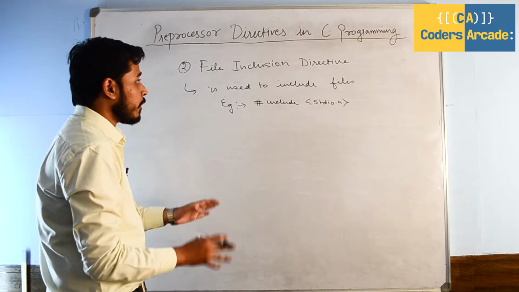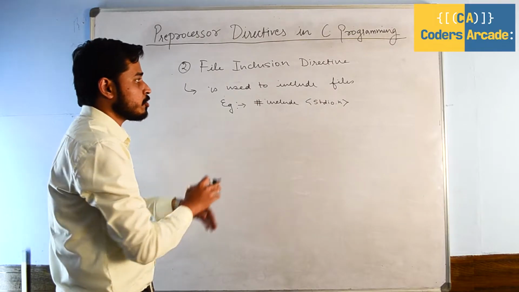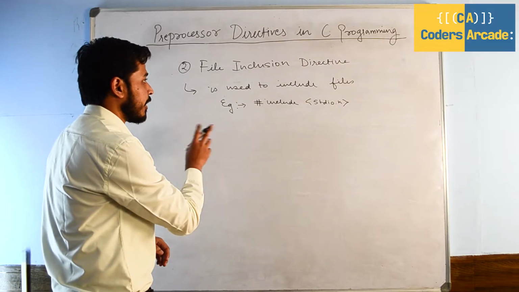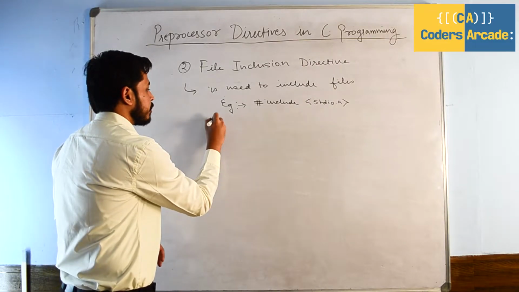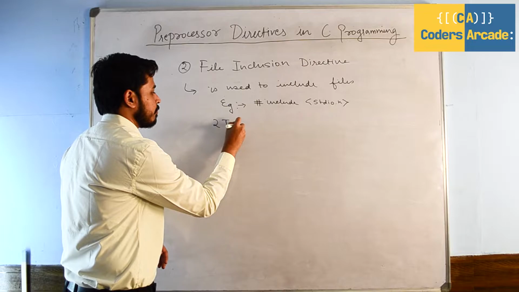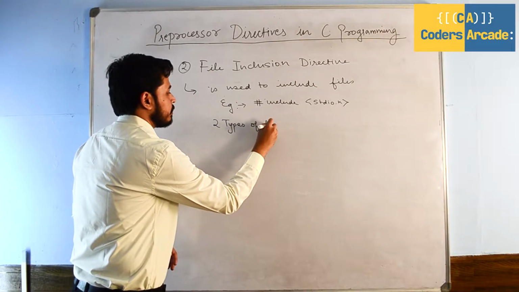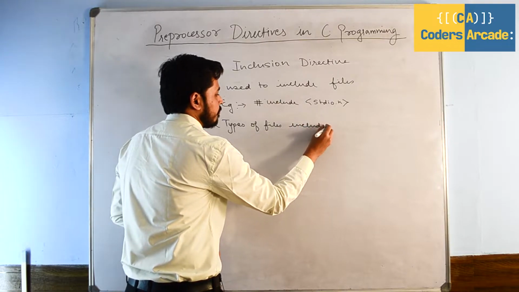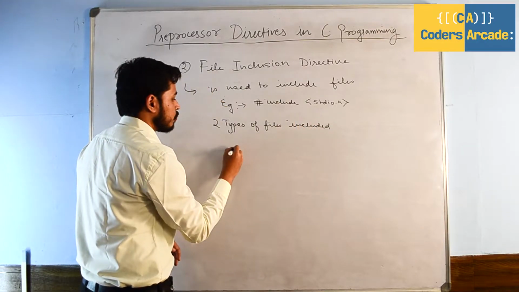Now the main point to be remembered here in this file inclusion directive is, there are two types of files that you can include using this file inclusion directive. Okay, so what are the two types of files?